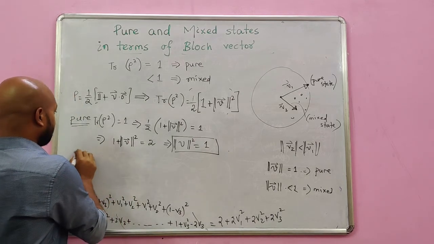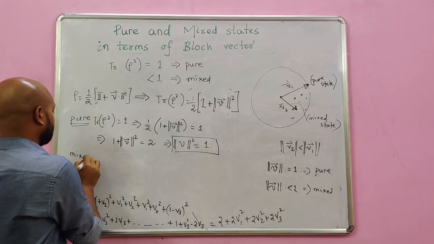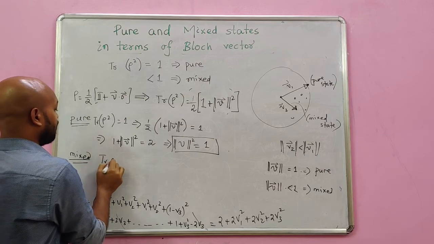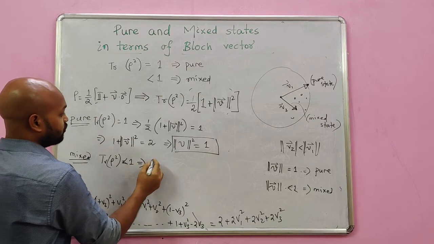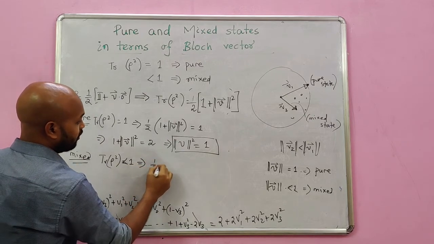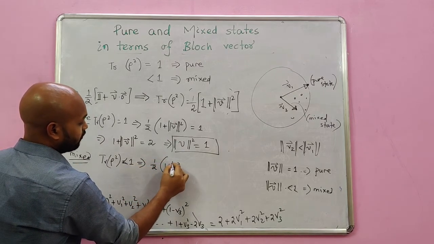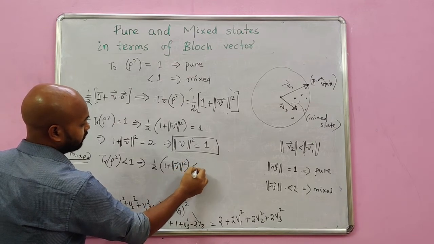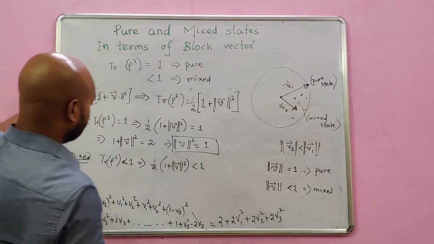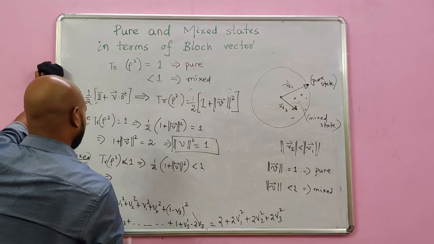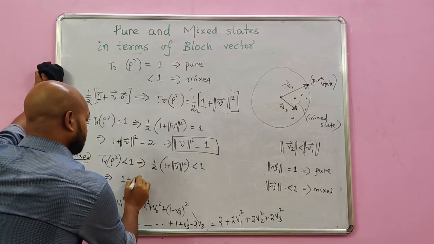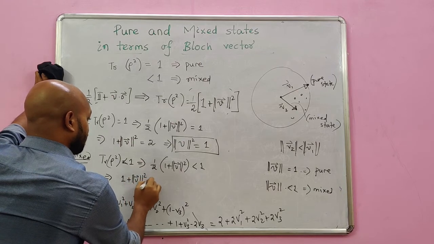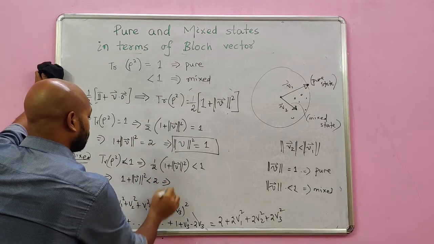And if it is a mixed state, then the trace of rho square is less than 1. So this 1 plus V mod square over 2 becomes less than 1, so I get 1 plus V mod square less than 2.